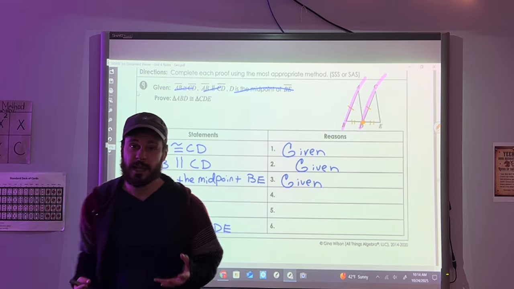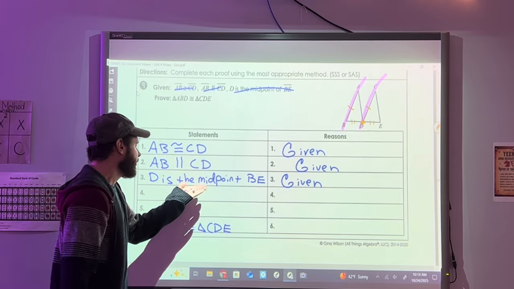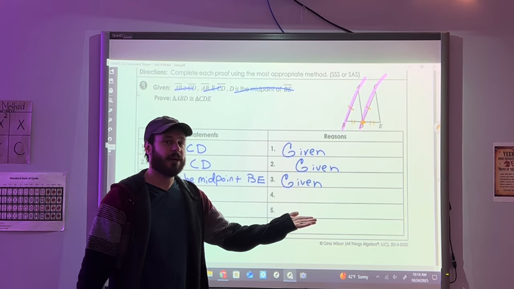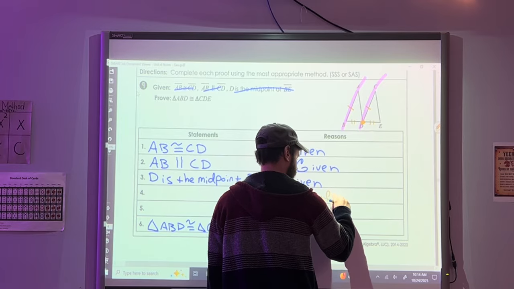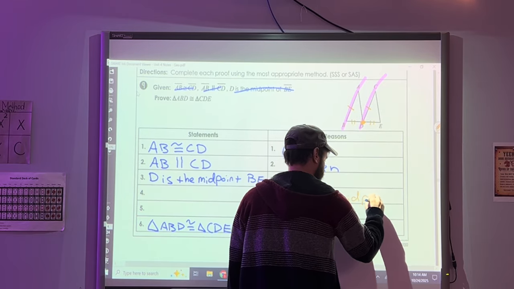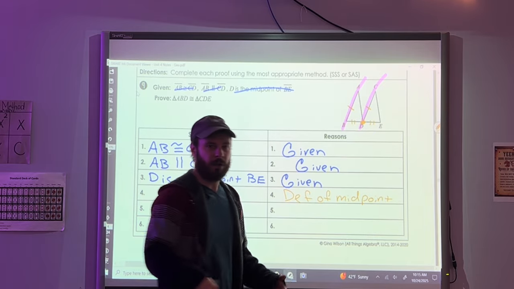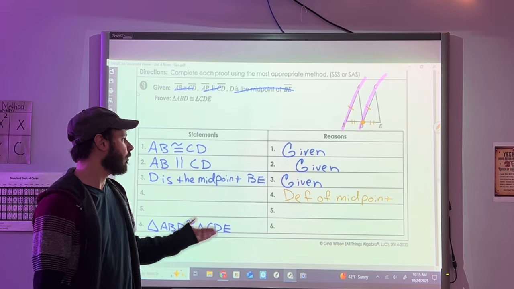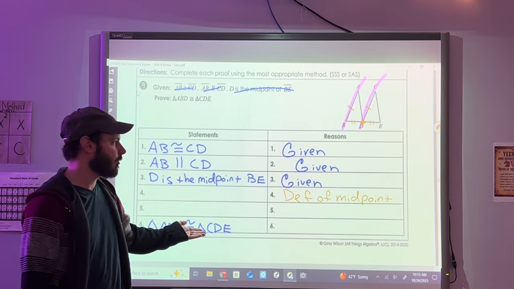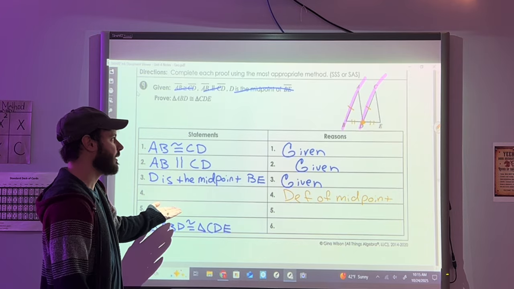Okay, so here's my statement that I'm going to say. D is the midpoint, so I'm going to use the definition of midpoint. I think a lot of you get to the point where you're like, okay, midpoint, definition of midpoint, wonderful. But then you're like, what do I put in this box? What do I say because of that? What's my statement?